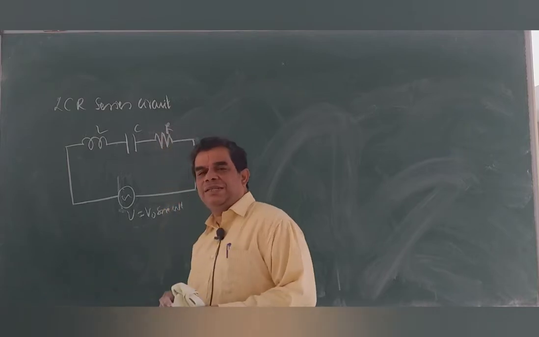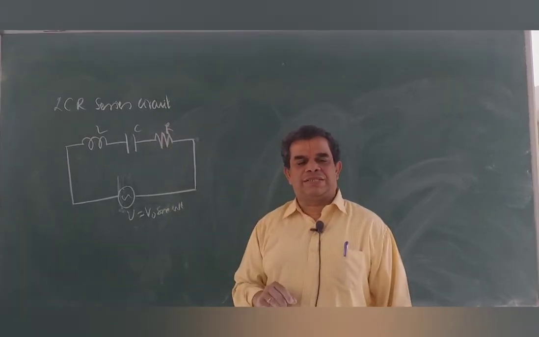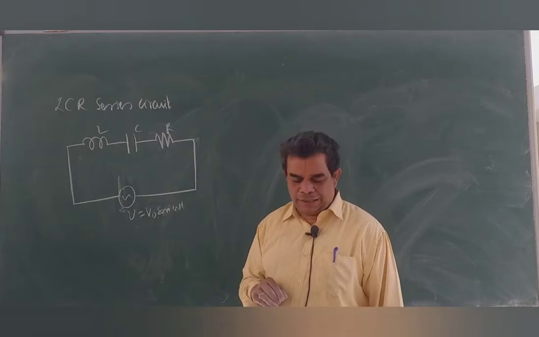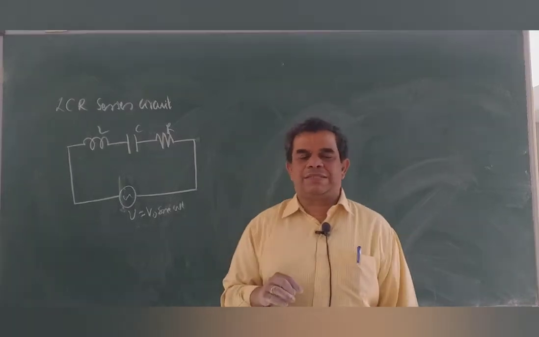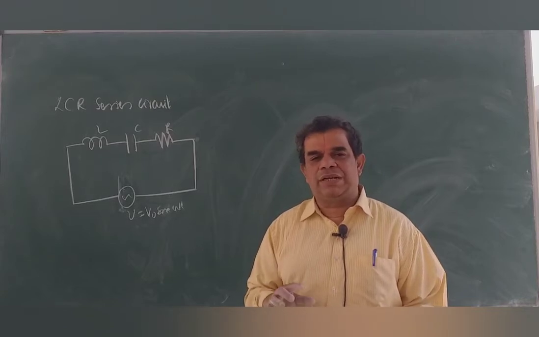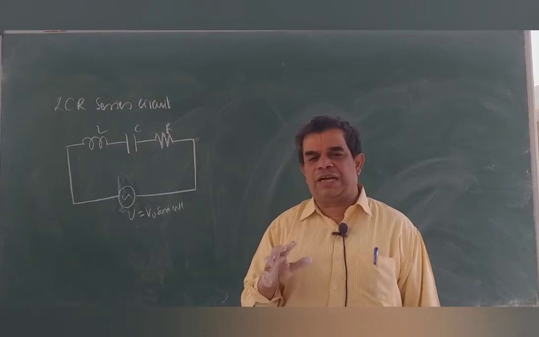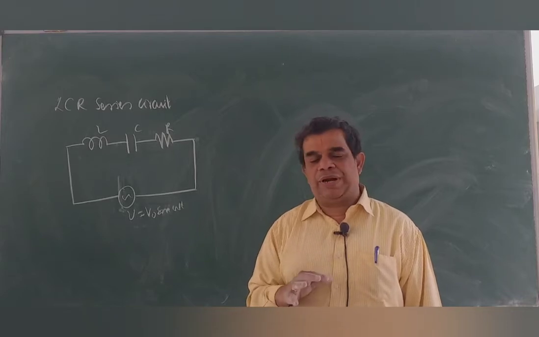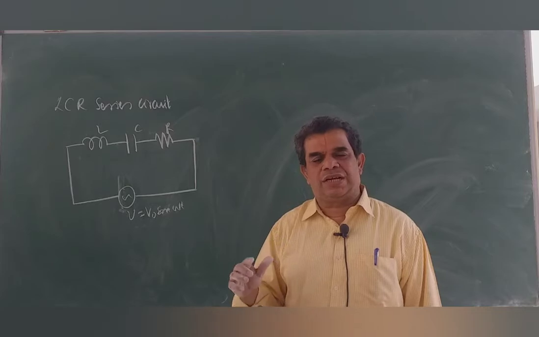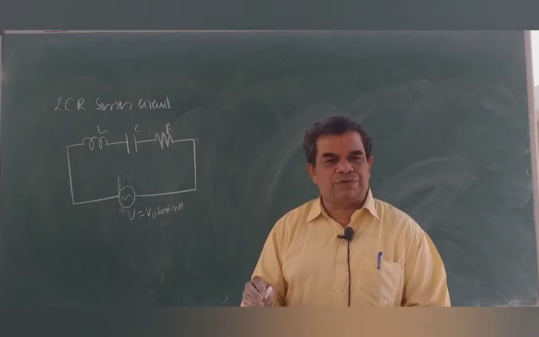In this circuit to analyze we have two methods: one is the phasor diagram method, another is the analytical method. First we learn the phasor diagram method, we derive an expression for impedance in this session, and in the coming sessions we consider the analytical method of solution for this.